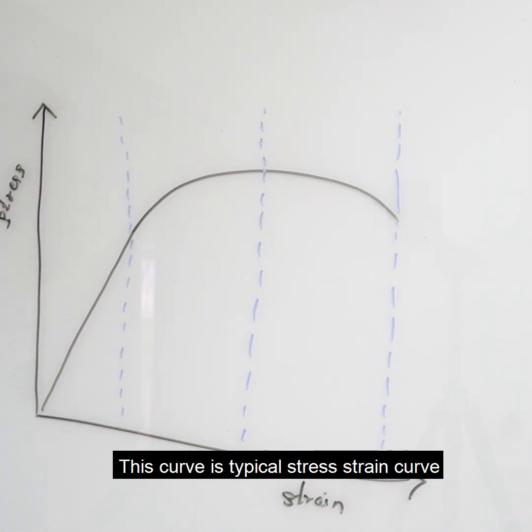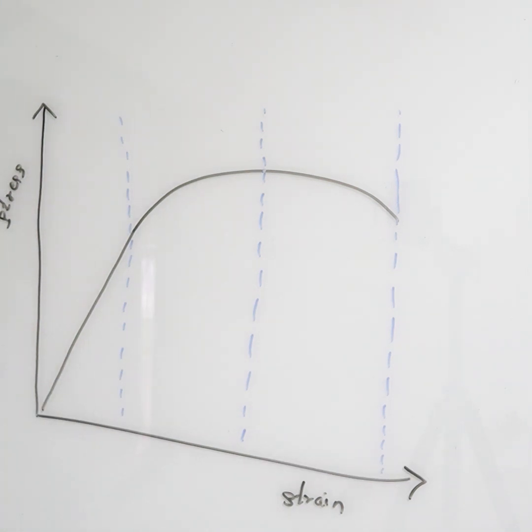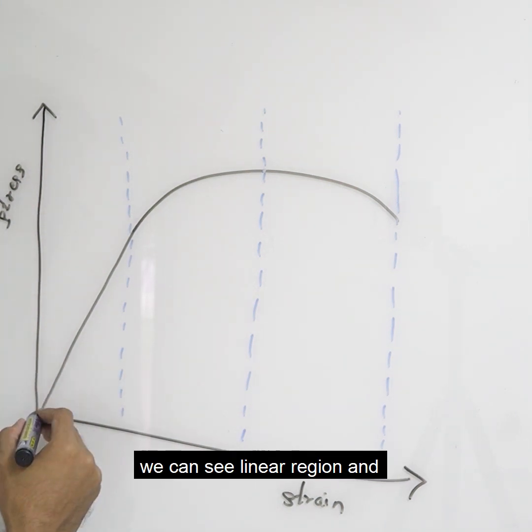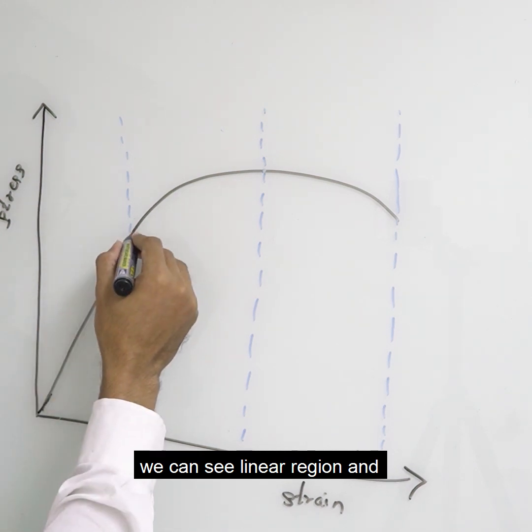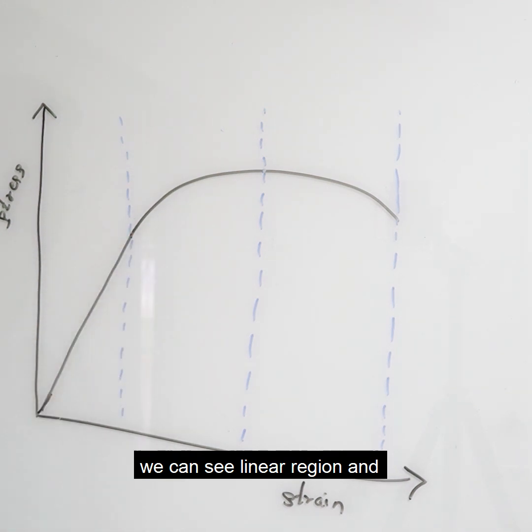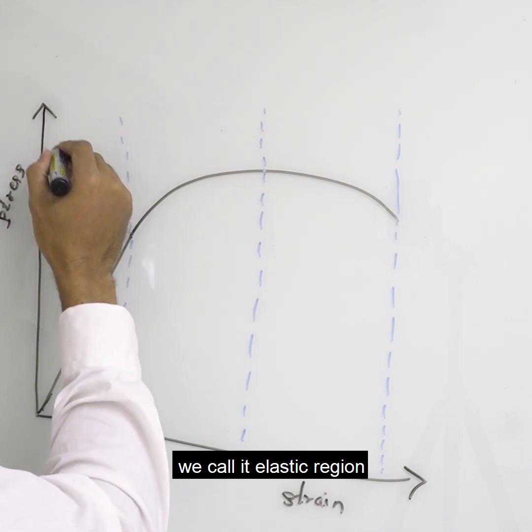So this curve is called a typical stress-strain curve. If you see this curve, we will see the linear behavior in the first region of the curve. So we call this the elastic region.